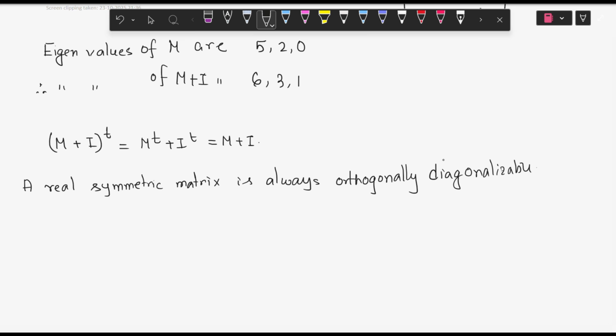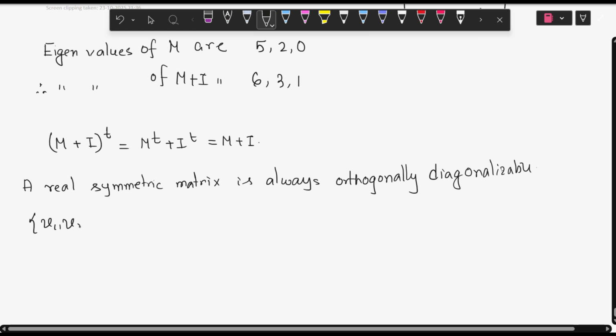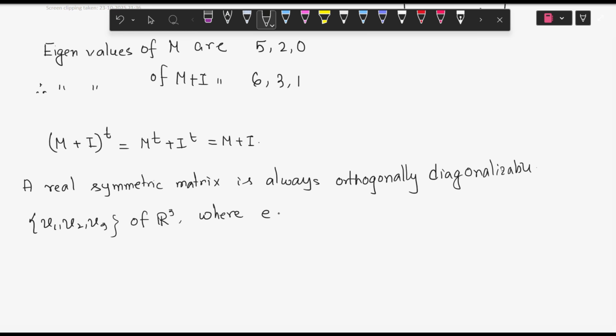Okay, a real symmetric matrix is always orthogonally diagonalizable. तो हमें क्या मिलेगा? We can consider an orthogonal basis v1, v2, v3 of R3, where each vi is an eigenvector, right? This is the definition of a matrix which is orthogonally diagonalizable.